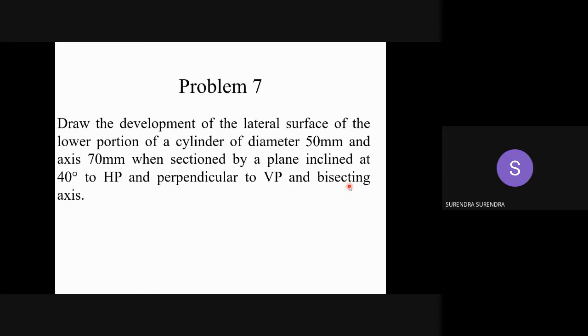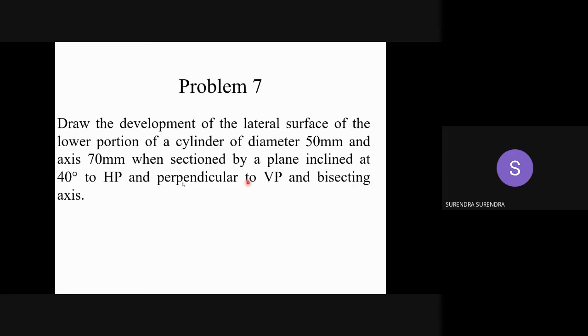So draw the development of lateral surface of a lower portion of a cylinder of diameter 50 mm and axis 70 mm, when sectioned by a plane inclined at 40 degrees to the HP and perpendicular to the VP, bisecting the axis.